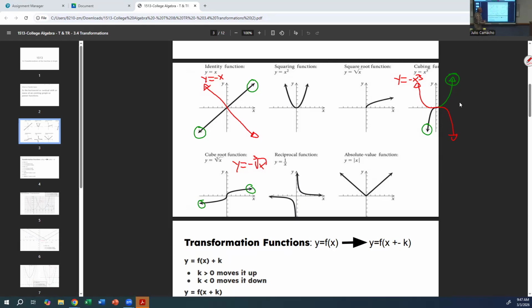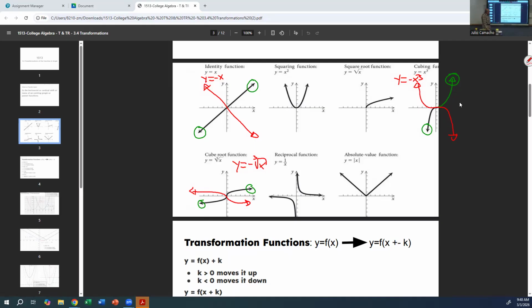So all the odd functions, negatives, will rise in the left and fall in the right. It will be the same for this one. It will come this way. The same thing. So if you see that the line is rising in the left and falling in the right, immediately you know it's a negative function.